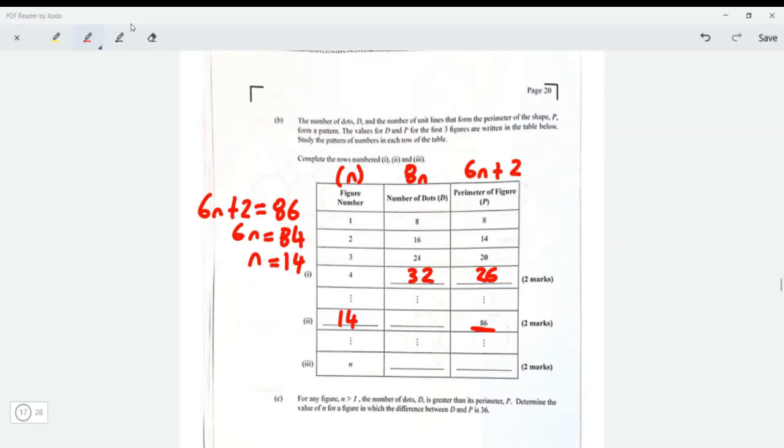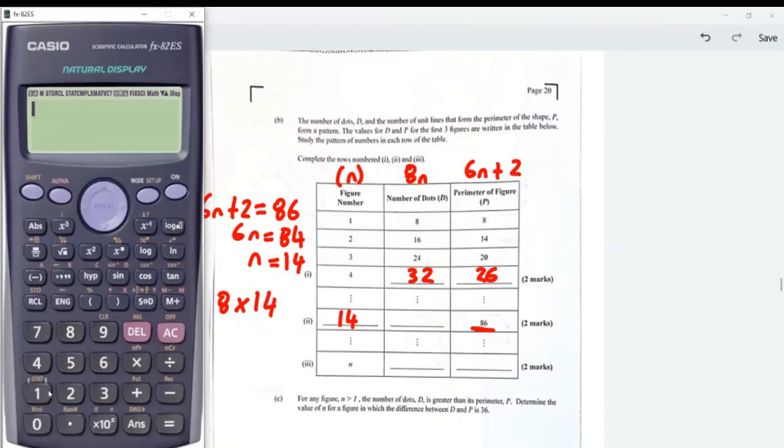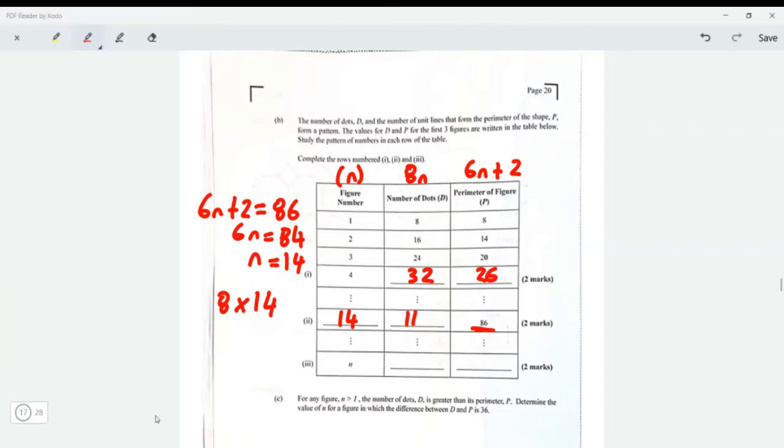If n is 14, then we can work out the number of dots. The number of dots is 8 times 14. So we take out our calculator, and 8 times 14 is 112. So the number of dots right here is 112.